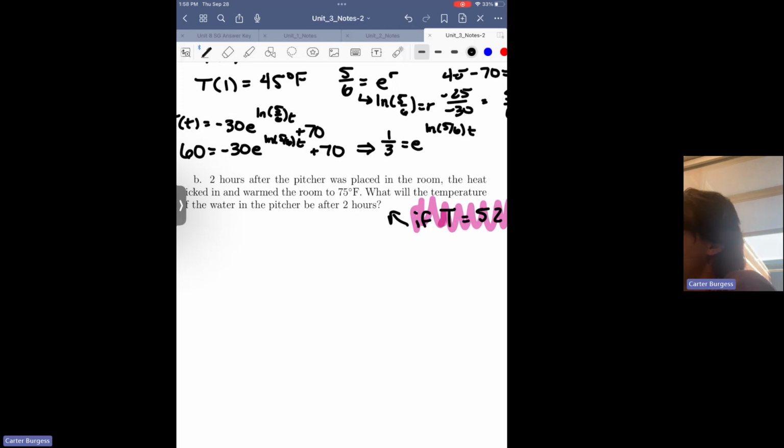Negative 10 divided by negative 30, 1/3. So two negatives, which is very important. We want to make sure, because if we ever did get a negative as our result here, we'd be in trouble because we can't take the ln of a negative. So it's very important that we got this in the way that we did.